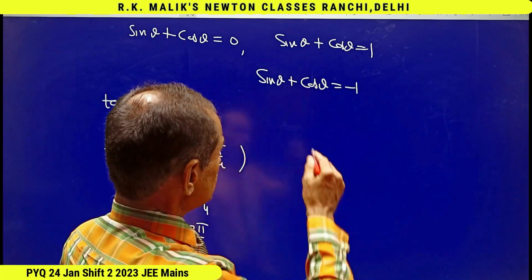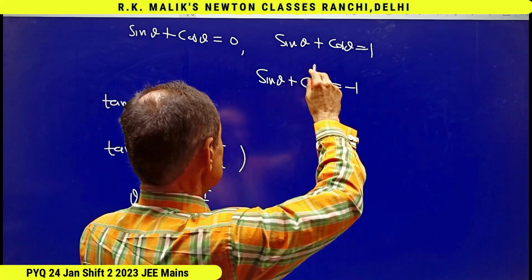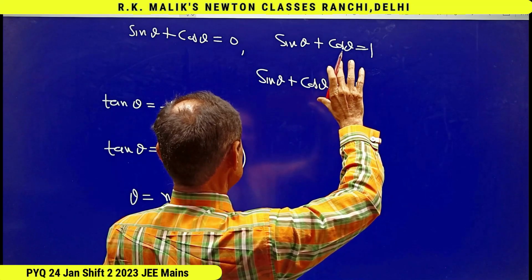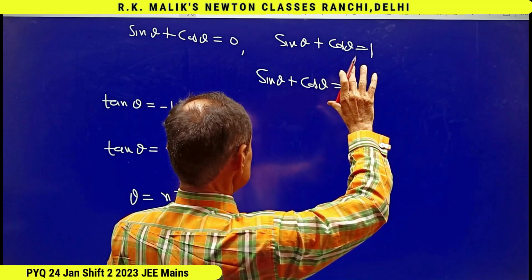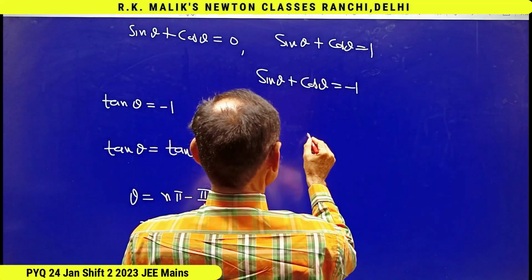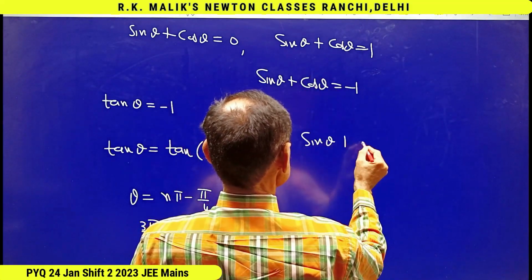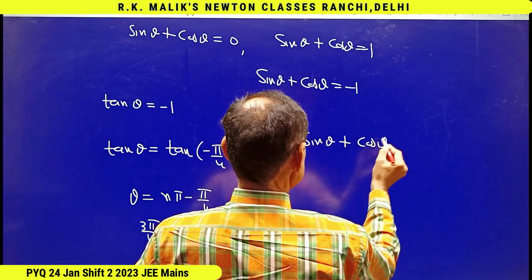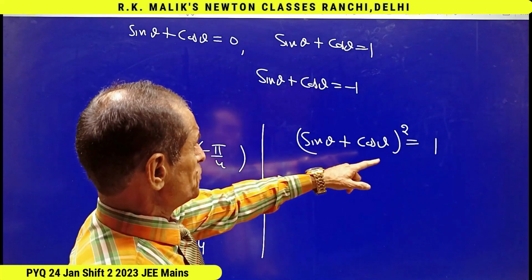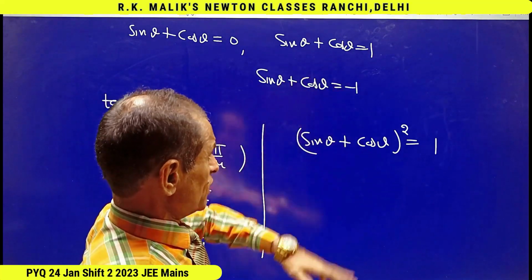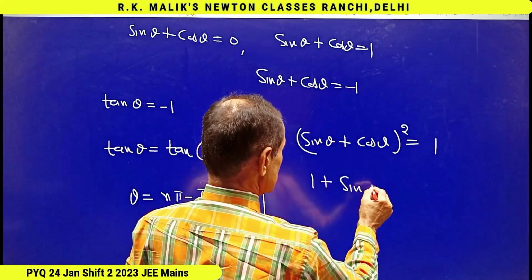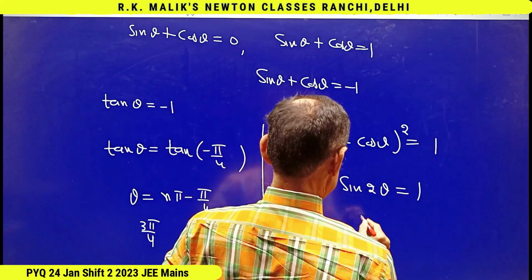One more thing: finding theta from each of the other two cases separately is lengthy. If I combine these two, I can write sin theta plus cos theta whole square equal to 1, because this means sin theta plus cos theta is 1 or minus 1. Now it is 1 plus sin 2 theta equal to 1.